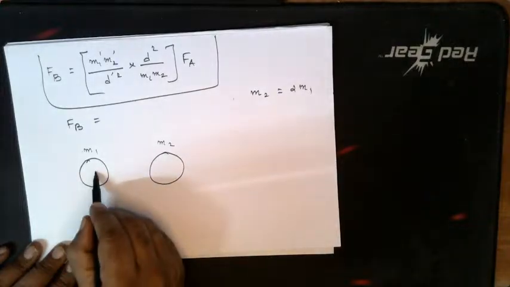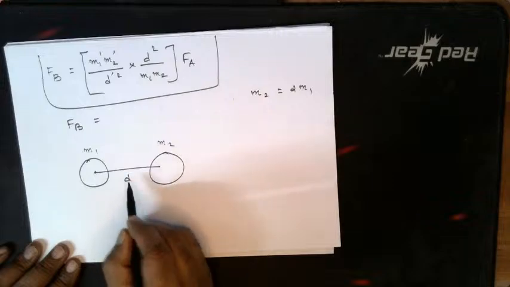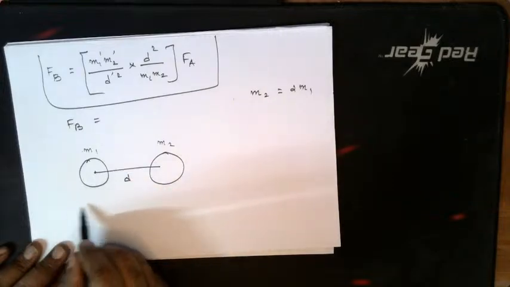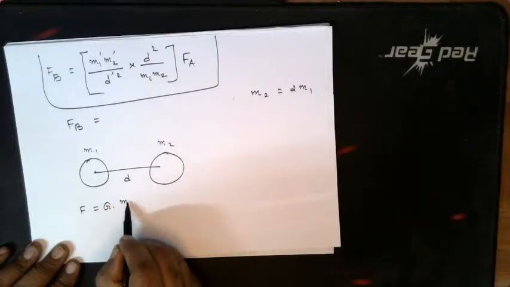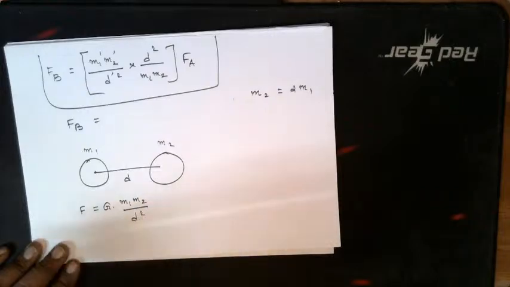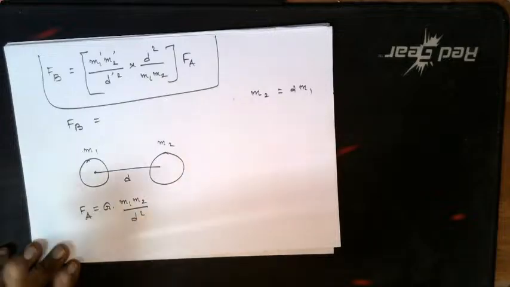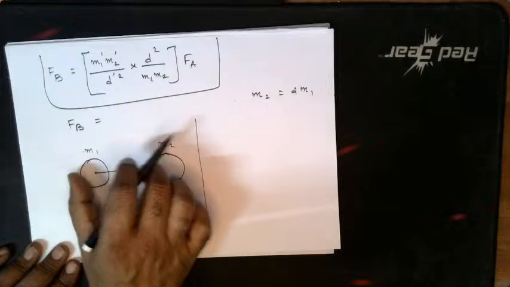And the force of interaction between them at distance D is F is equal to G into M1 M2 divided by D square. This is the original formula, and let me consider this as force FA.